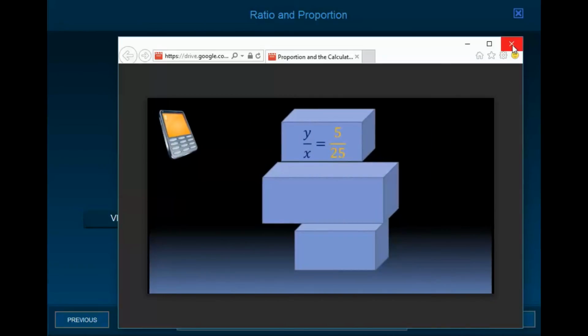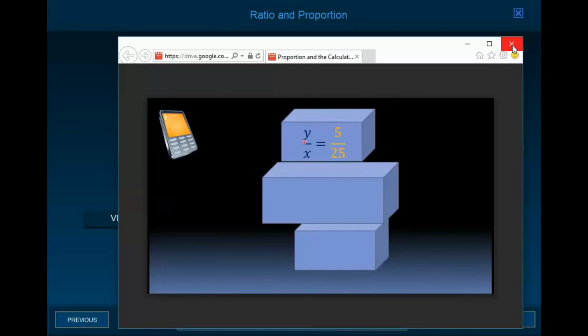We are at this point now. We have y over x is equal to 5 over 25. We need to change the form of this proportion so that we can put it into our calculator. We need to make this talk about y all alone.